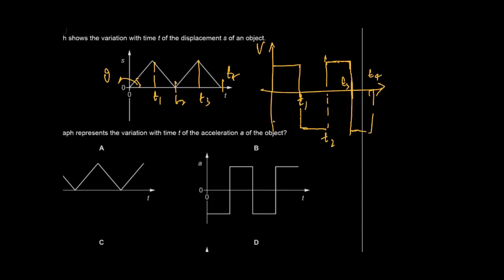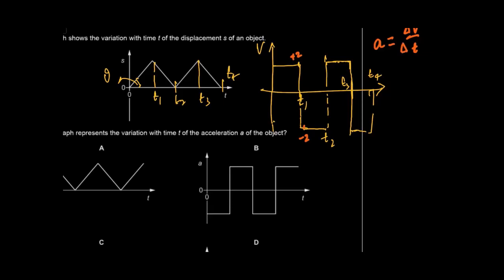But here we observe that at point T1, the velocity abruptly changed from positive to negative. So just before T1, let's say the value is +2, and just after T1, the value is -2. So we know that acceleration is equal to change in velocity with respect to time.